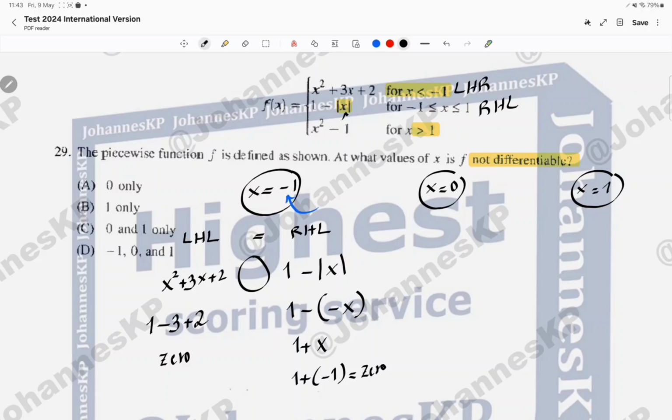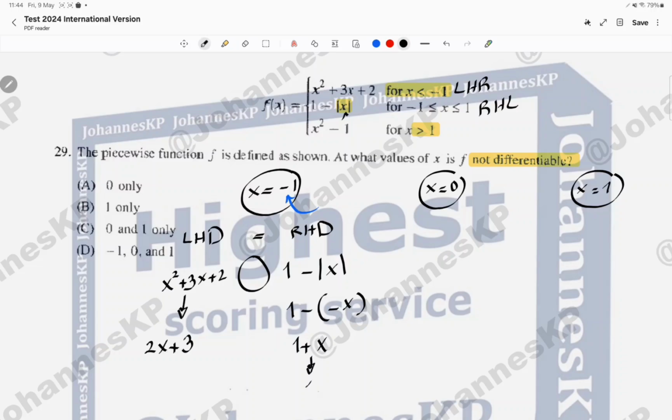Okay. We know it's continuous, but do we know if it's differentiable or not? Not yet. Now what do we do? We change left-hand limit to left-hand derivative. We change right-hand limit to right-hand derivative. So now differentiate them. Differentiate this guy, 2x plus 3.